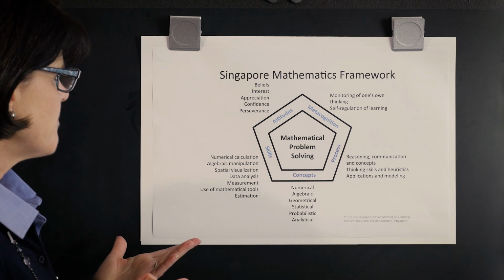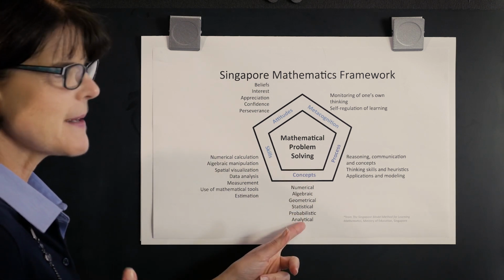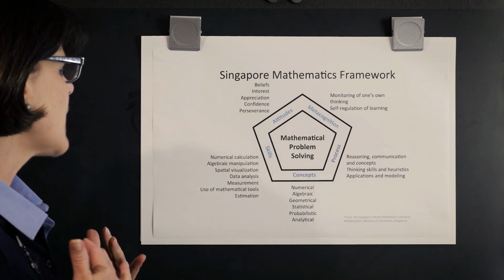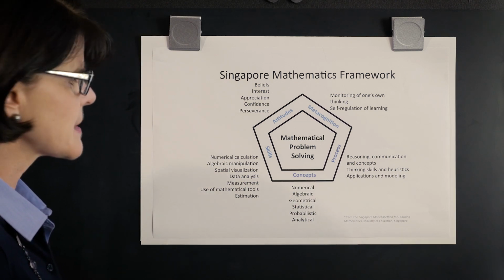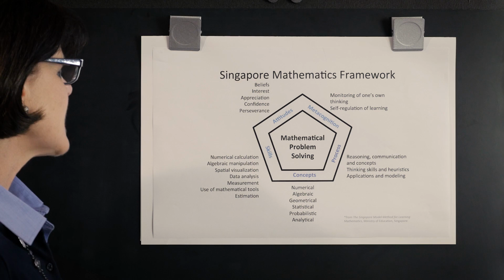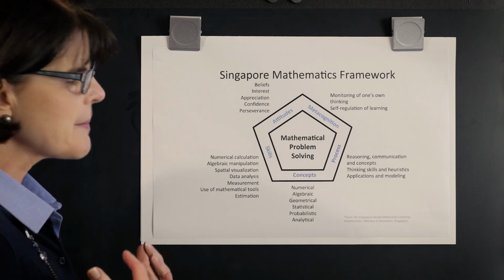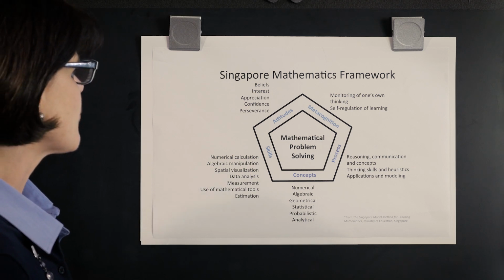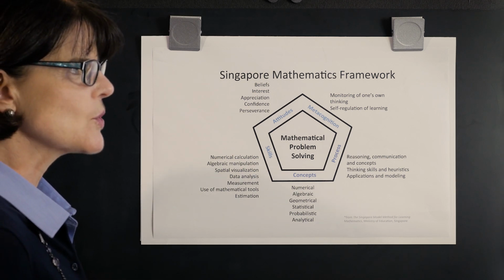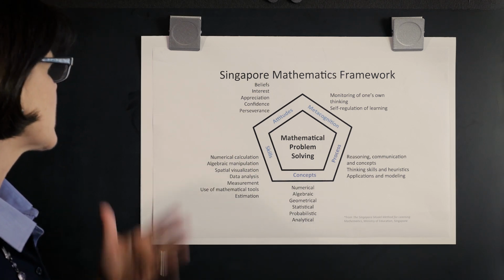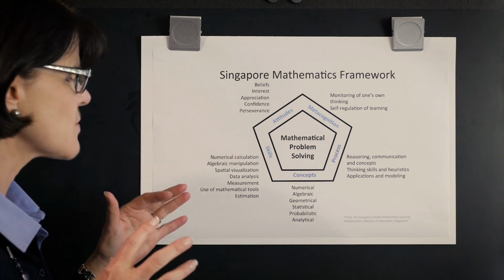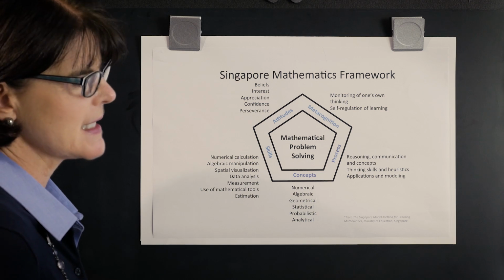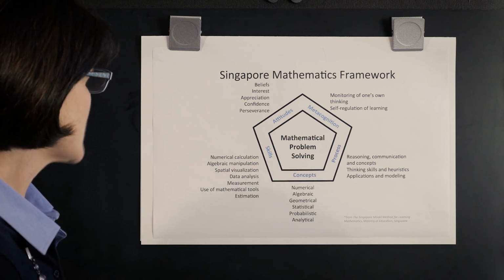So this is the mathematical framework, and if we start with concepts, this is going to look very familiar to you. These are the numerical, algebraic, and geometrical concepts that we are learning. As elementary or grammar school teachers, there are a lot of numeric concepts, everything from fractions to decimals to whole numbers to addition and subtraction. There are also statistics, probability, and analysis within the concepts.